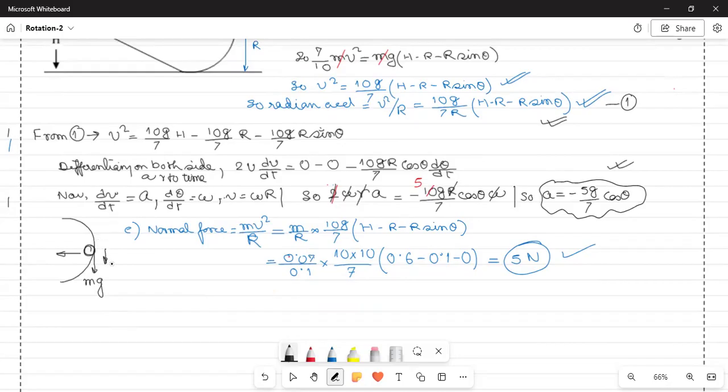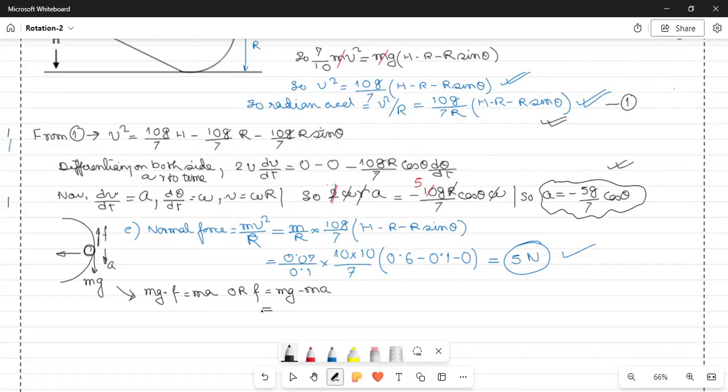So we can say the direction of acceleration here, and this is the direction of the frictional force F. So from this we get mg minus F equal to ma, or frictional force F equal to mg minus ma.